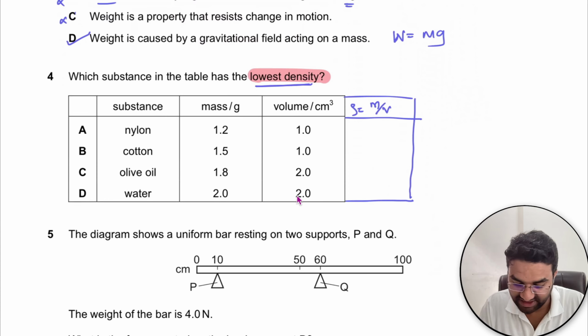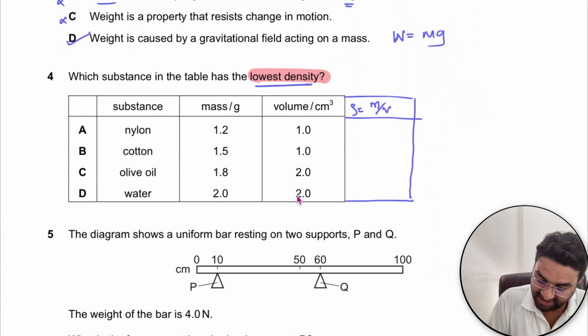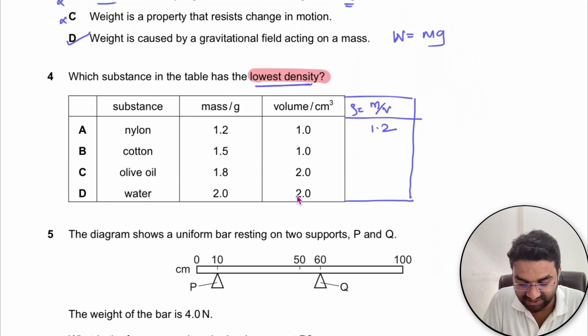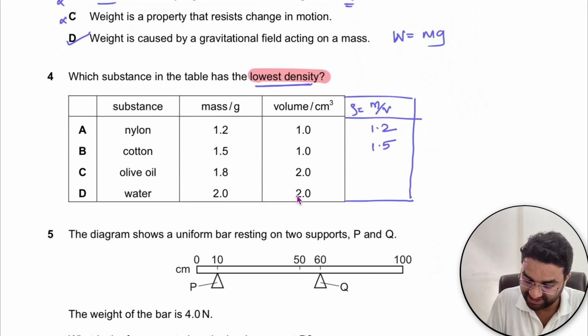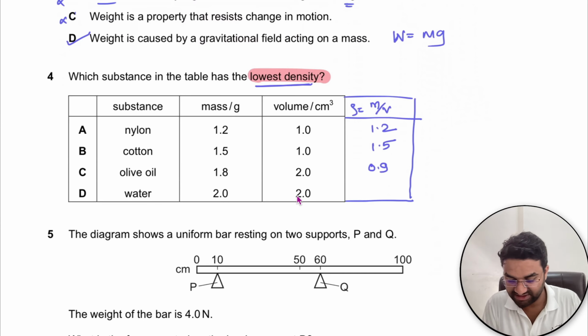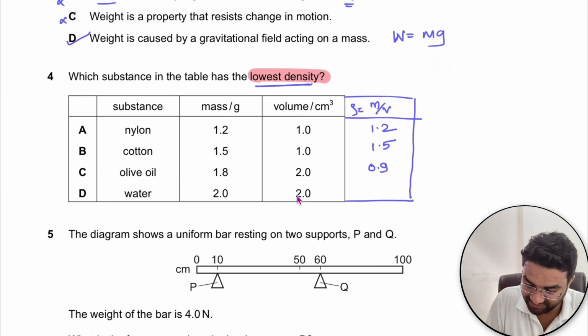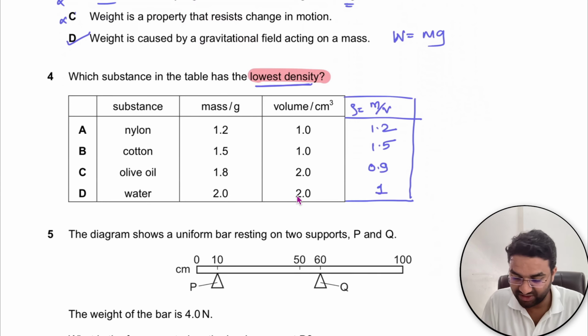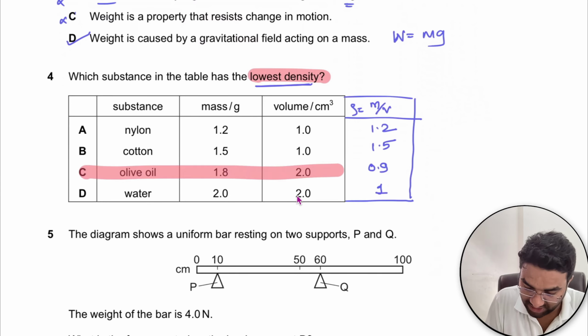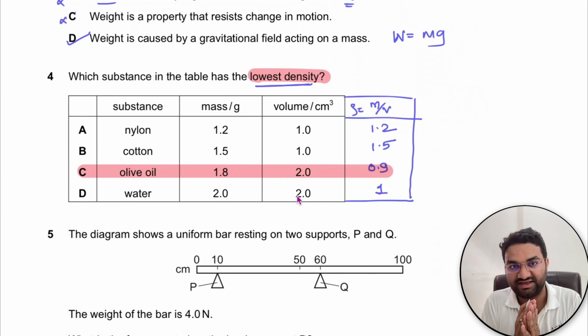In the first case, 1.2 divided by 1 is 1.2. Then cotton, 1.5 divided by 1 is 1.5. Then olive oil, 1.8 divided by 2 is 0.9, right? And water, 2 divided by 2 is 1, right? If you look at these, the lowest one is olive oil. The answer is C. That's it.